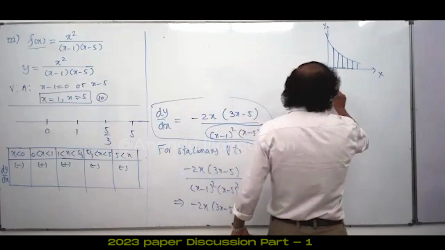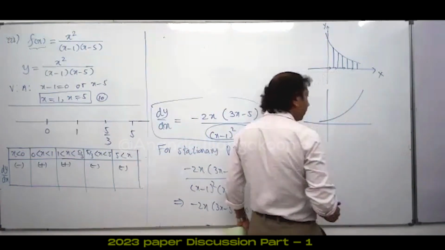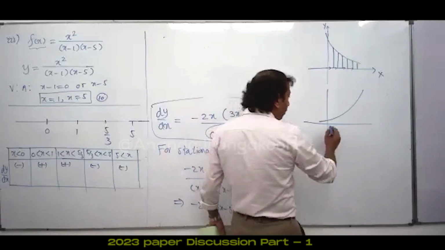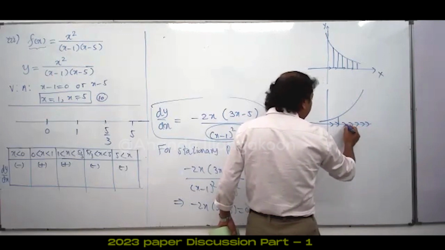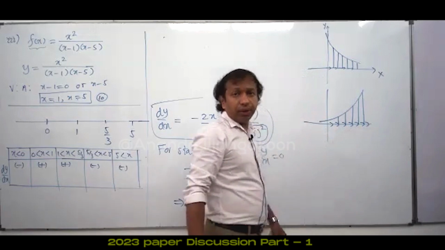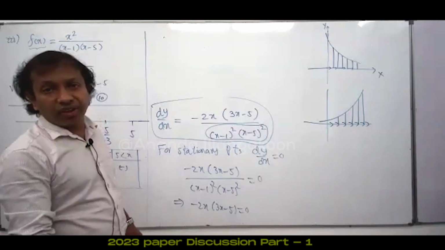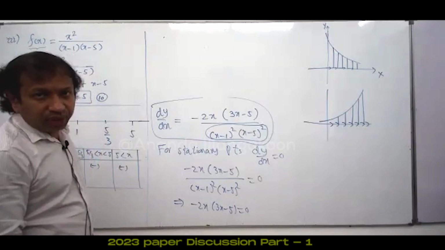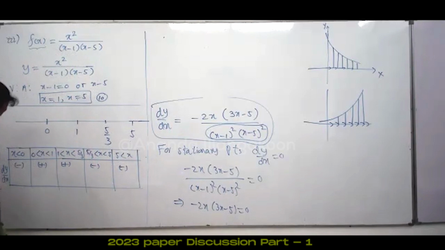A positive gradient curve, if I draw like this, like gradient positive. When we move towards positive infinity of x, you can see the height increasing here. Then a positive gradient graph we define as an increasing graph. So the recent past paper marking schemes expected that also.